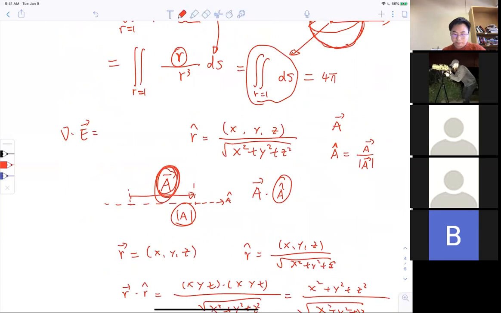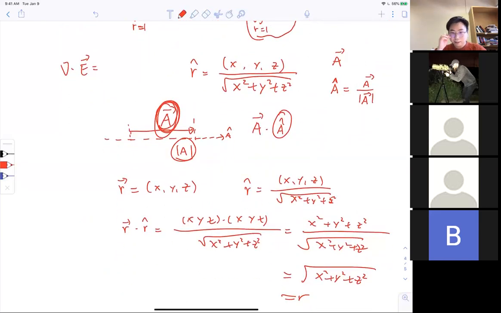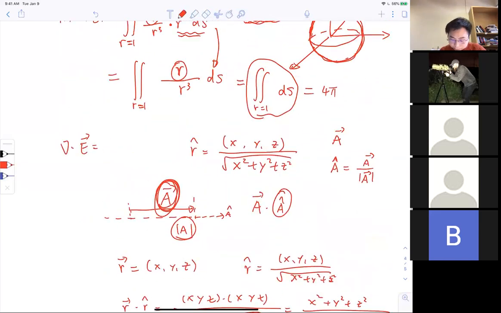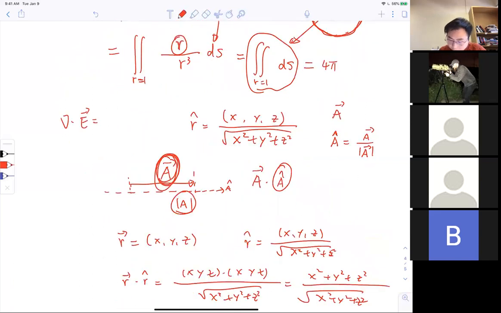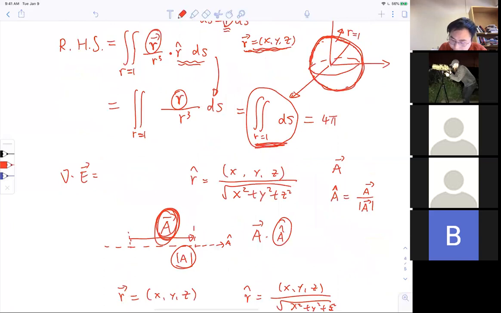Oh, so this is just r. Right, yeah. And sorry, when you calculate and get 1 over r squared, how do you turn that to 4 pi? Okay, the geometric meaning of this one is nothing but the total surface area of this integration region.